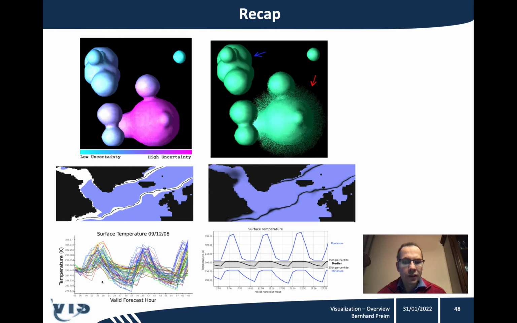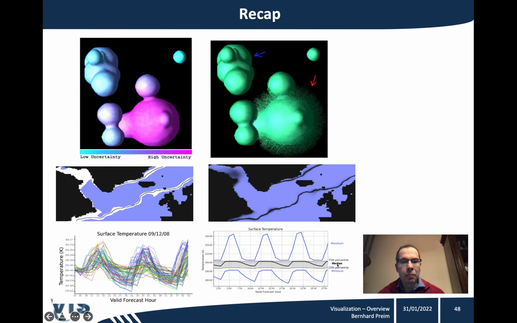That indeed gives a clue about the uncertainty. If at a particular time they are all very close to each other, that's more reliable. But it's hard to figure out what actually happens here. Here instead, the same data is used to compute a probability density distribution, and from this certain values are derived, e.g. the maximum that is predicted or the minimum that is predicted.